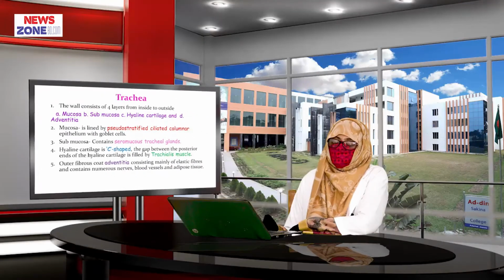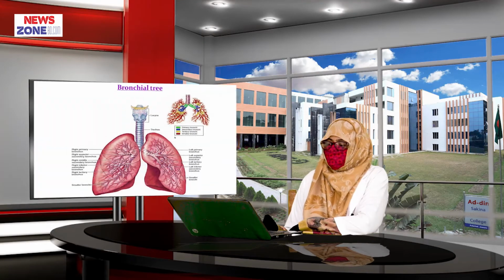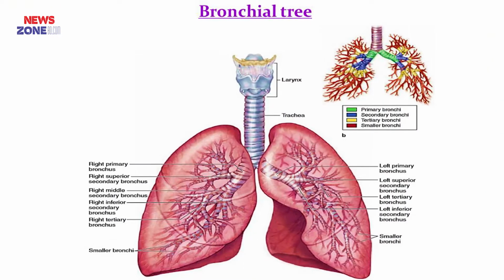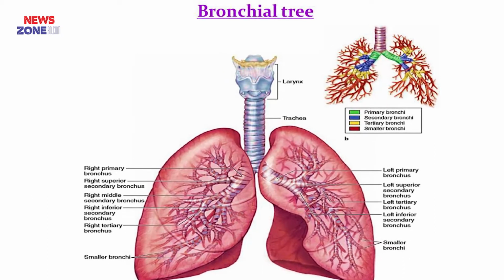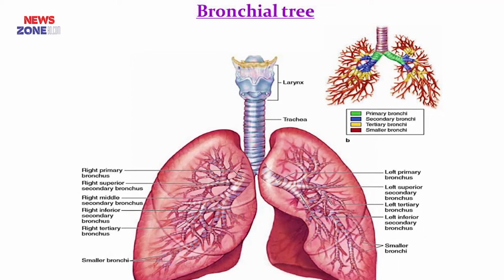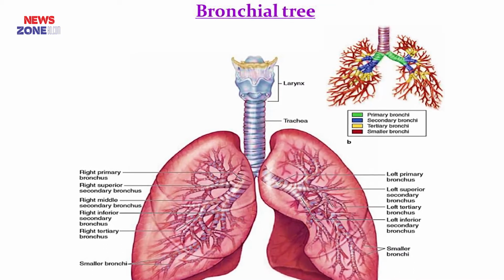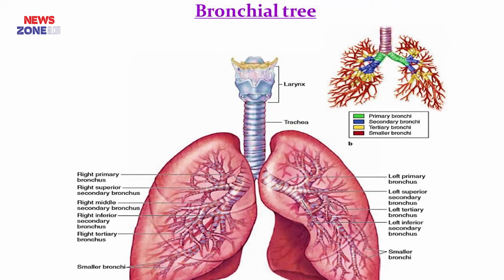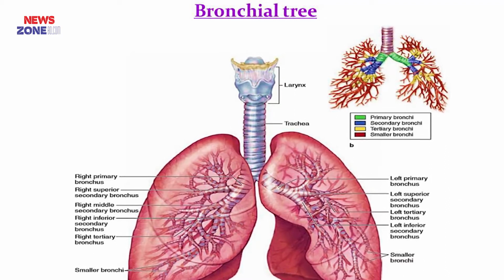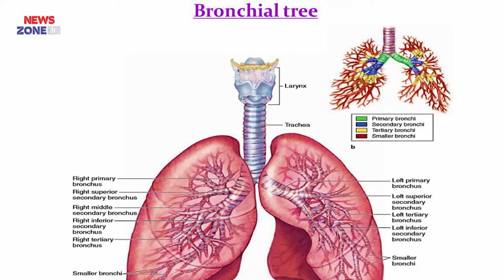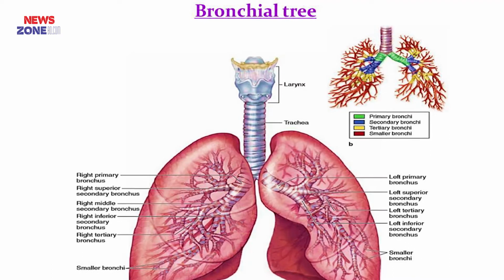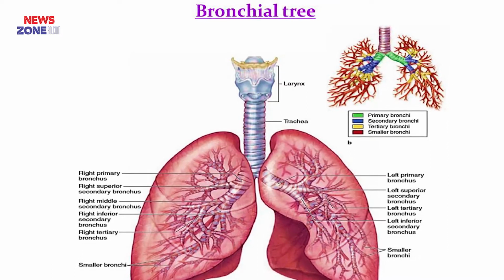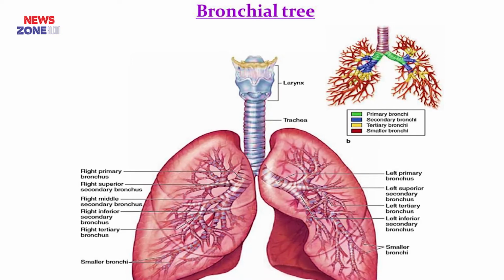Next to the trachea is the bronchial tree. The trachea bifurcates into the right and left primary bronchi that enter the hilum on the posterior side of each lung along with the pulmonary vessels, lymphatics and nerves. In the bronchial tree, the primary bronchi course downwards and outward, giving rise to 3 secondary bronchi, that means lower bronchi, in the right lung and 2 in the left lung, each of which supplies a pulmonary lobe.